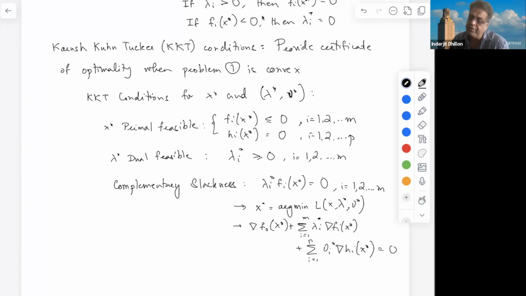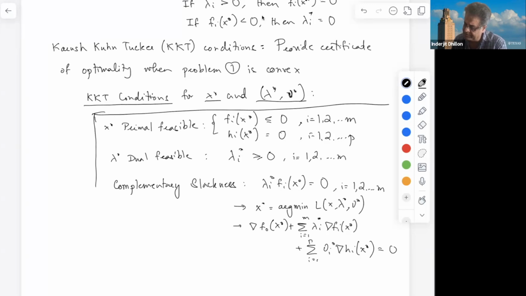Okay, so these are the KKT conditions: x star, lambda star, and let's see if I can draw a box.